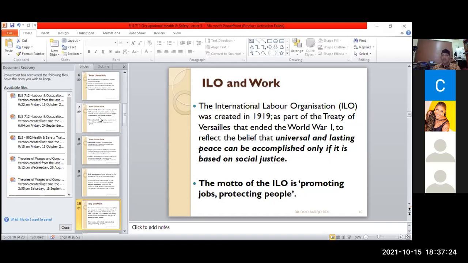Promoting jobs, protecting people, not just any kind of job, decent jobs. And when people come into the space where they want to work, they must be properly protected. Please take note of this. It's very important. Not only creating jobs, but also creating the kind of ambience and environment that will ensure that people are safe when they come to do their thing.